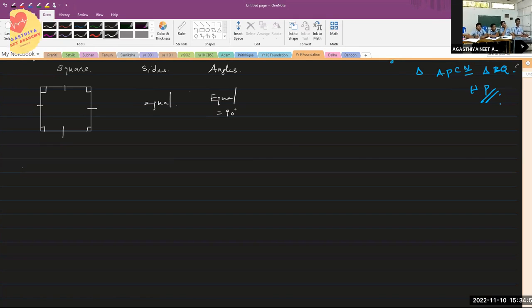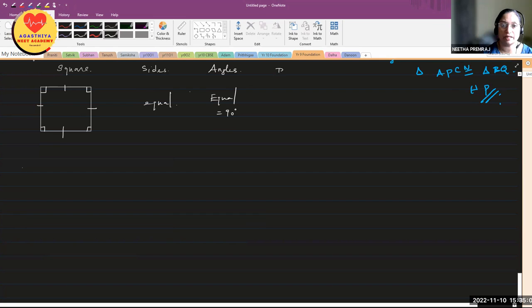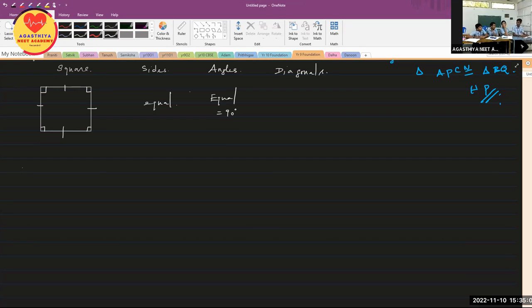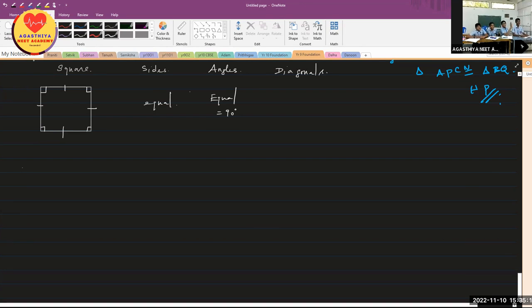What about the diagonals? What does it mean, diagonals?